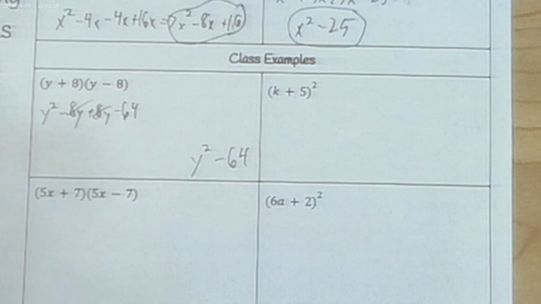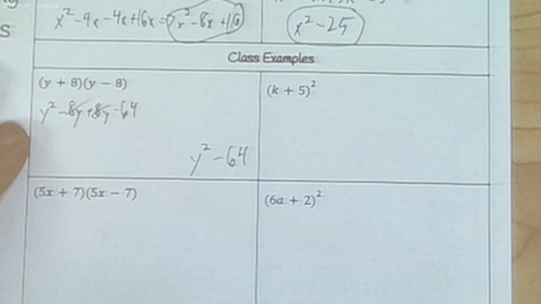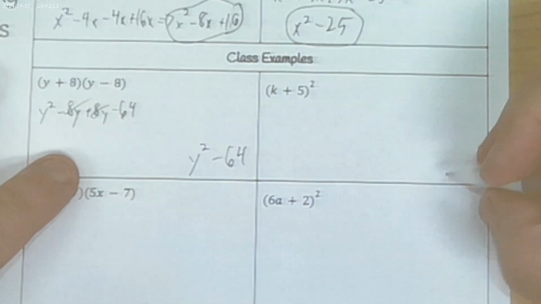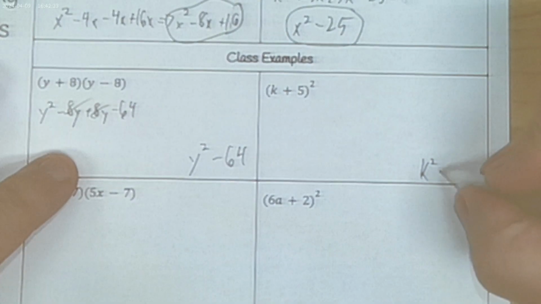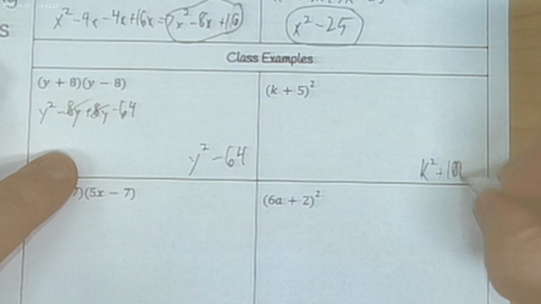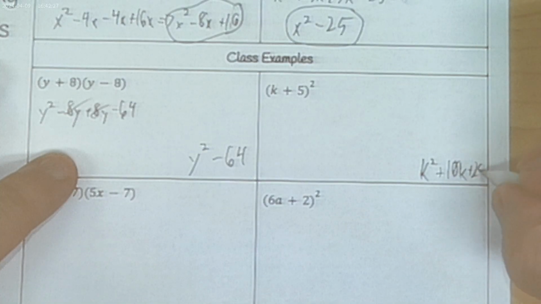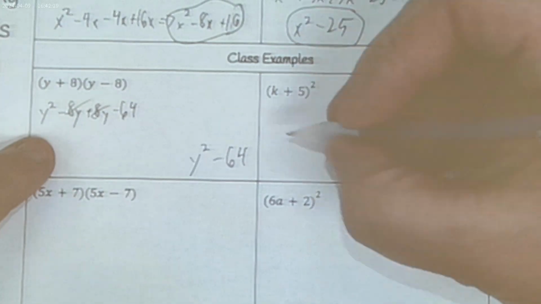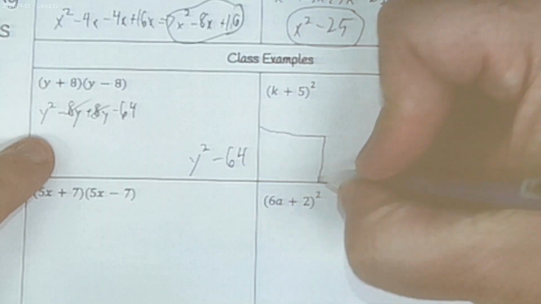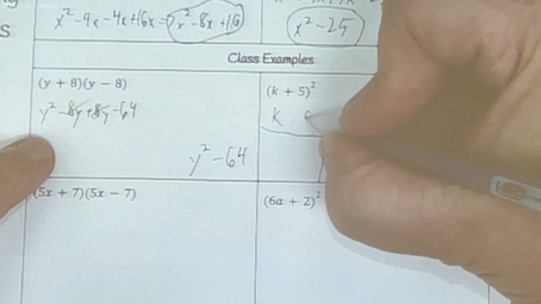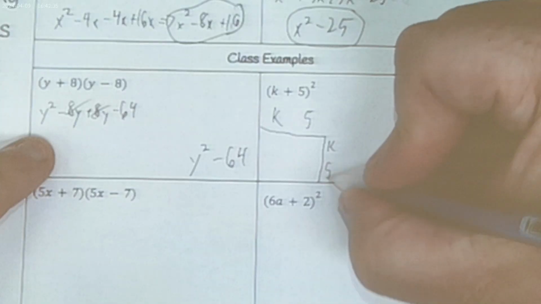K plus 5 squared. All right. I know using the perfect square that this is going to be k squared plus 10k plus 25. But how can I really know until I use my box method?